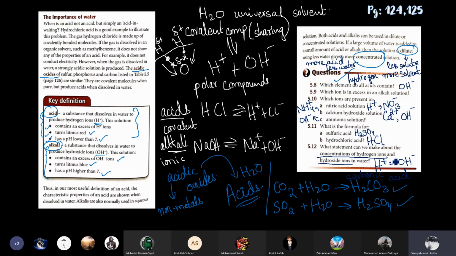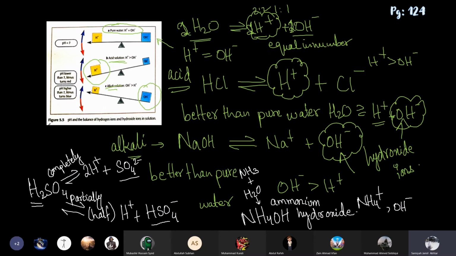Keep this in mind. This diagram, figure 5.5, is really important: the concentrations of H positive and OH negative in pure water, in acidic solution, and in alkaline solution.